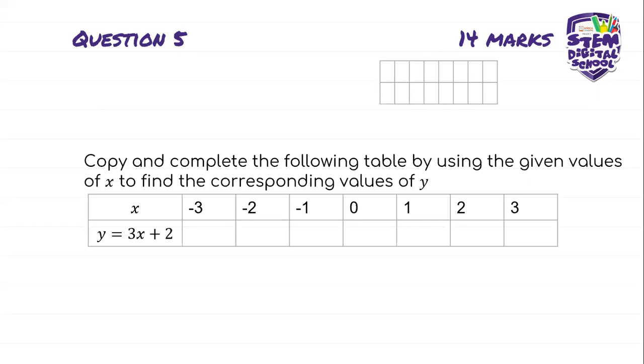So if x is 1, y will be equal to 3 times 1, and then plus 2. And of course, 3 times 1 is 3. 3 plus 2 is 5, so it's 5. So if x is 2, 2 times 3 is 6, and then 6 plus 2 is 8. And the last one, 3 times 3 will be 9. That's why you get 11.